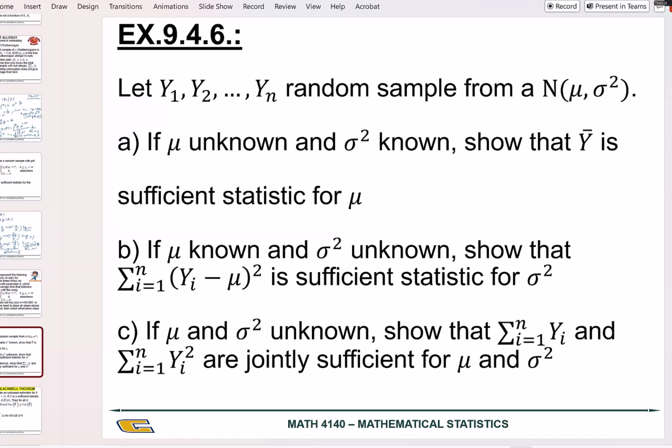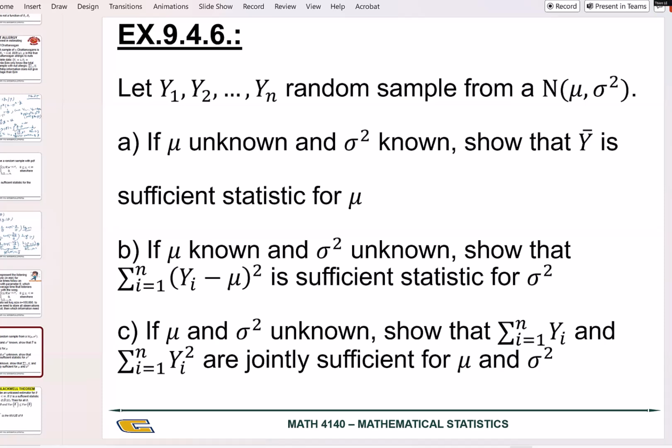And if you have both of them unknown, then basically the joint of y bar and the sample variance, but again you can show that these are 1-to-1 to the summation of yi and summation of yi square. So at that time we go with summation of yi and summation of yi square, jointly sufficient for mu and sigma square.